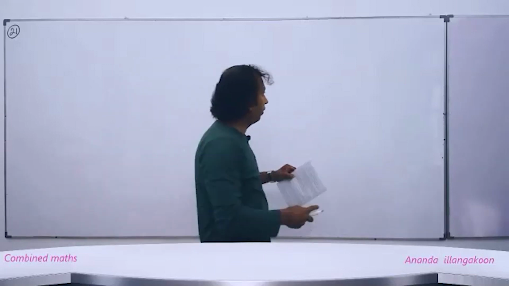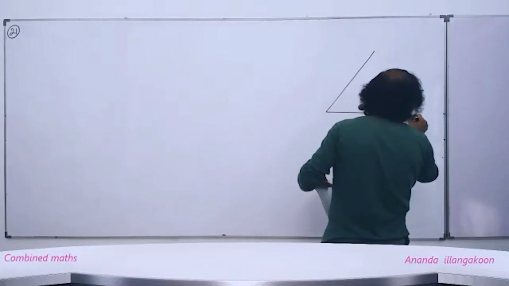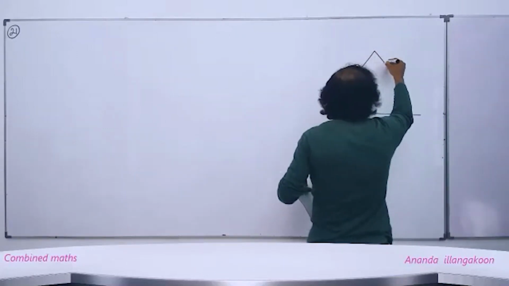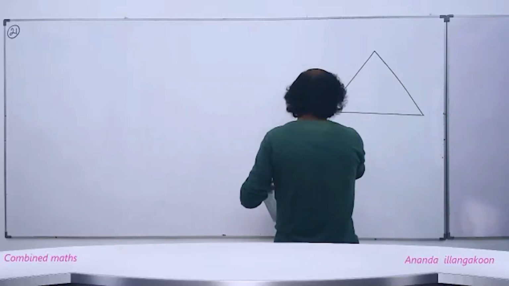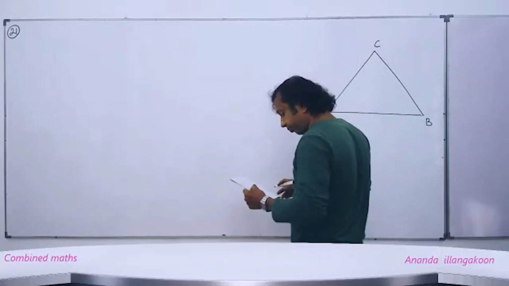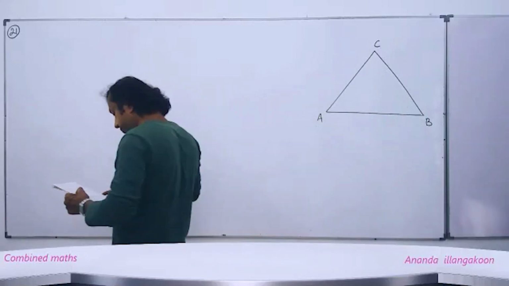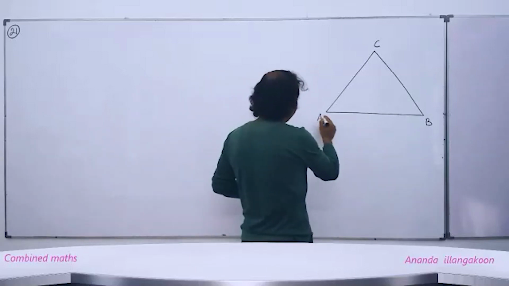Right, this way. Equilateral triangle A, B, C, the side is simply a. Side of the triangle, simply a.